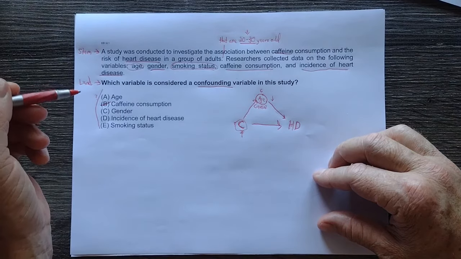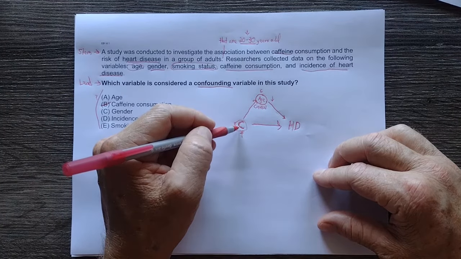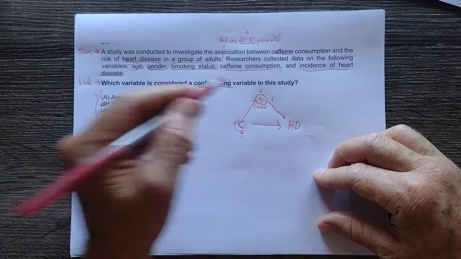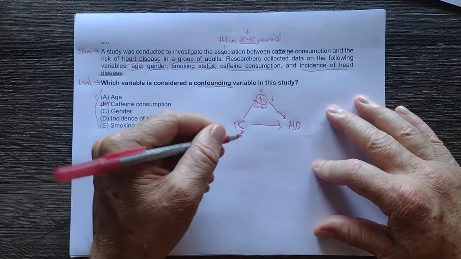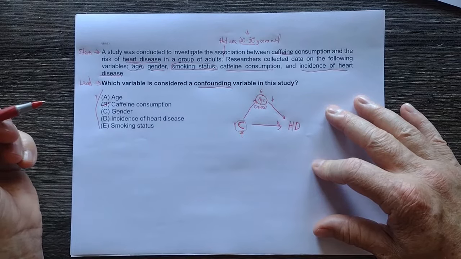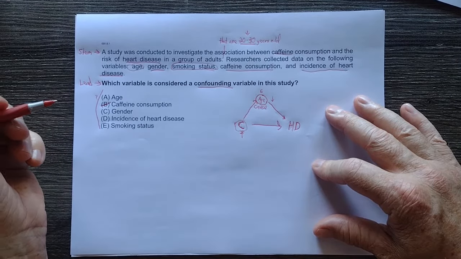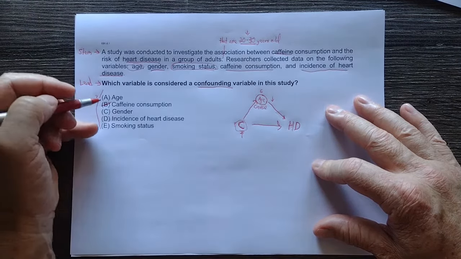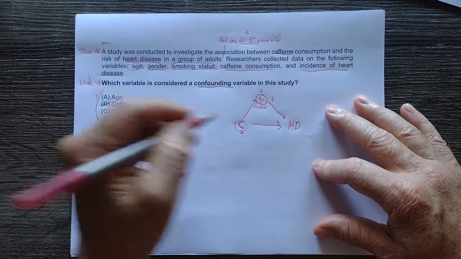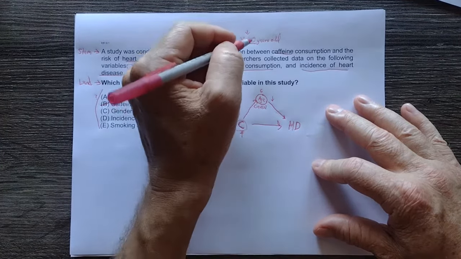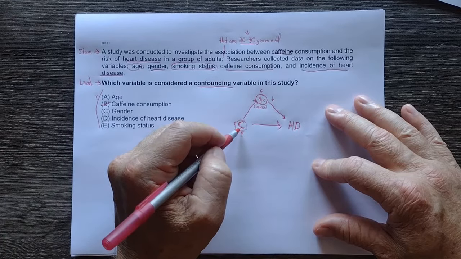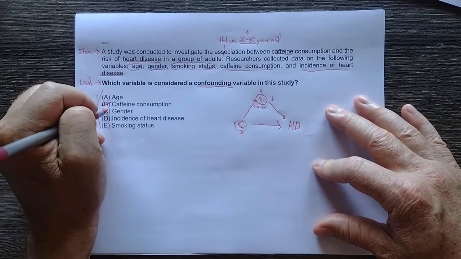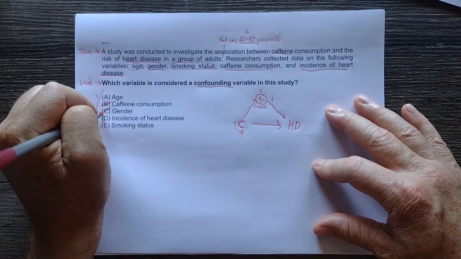I am not sure if there's increased use in males versus females. So I don't believe gender makes sense in this situation, given that we have an age range and given that it's not necessarily related to caffeine use. So that one's less likely.